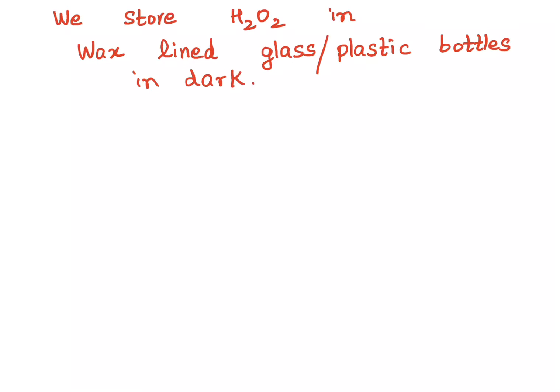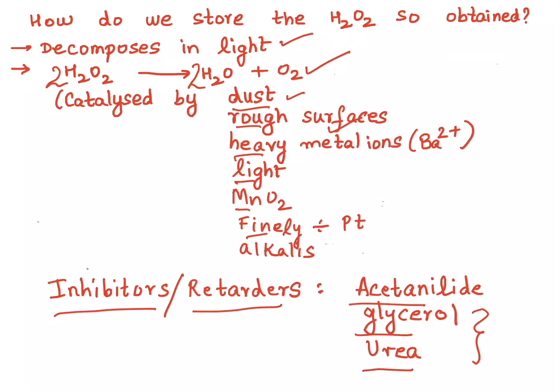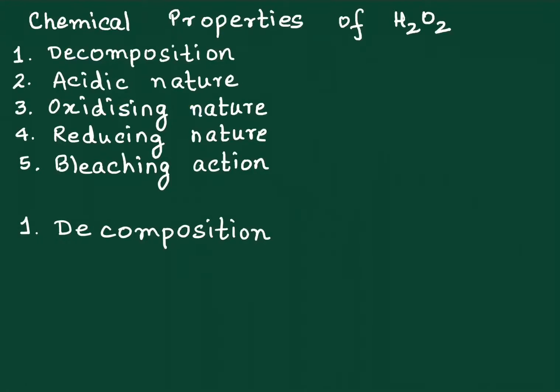Also, we store hydrogen peroxide in wax-lined glass or plastic bottles in conditions where there is no light. Why wax-lined? Because rough surfaces as well as alkalis can trigger the breakdown of hydrogen peroxide. So let's carry on forward with this.